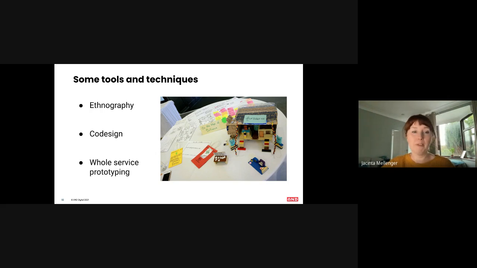An example of this is, whilst I was working on the health and benefits service for DWP, we invited benefits claimants, we invited job centre staff, we invited medical receptionists, and even managed to get a doctor there.